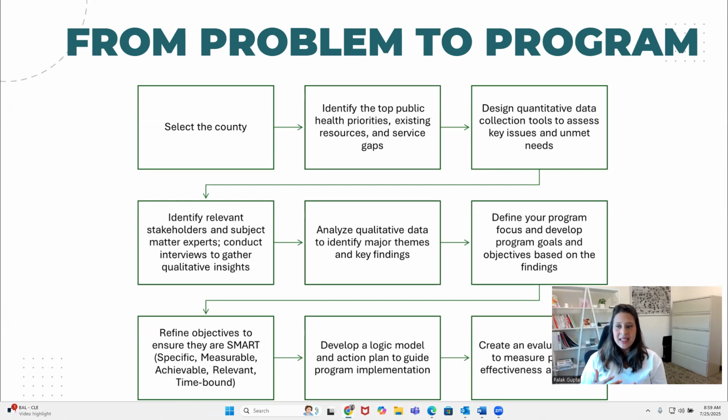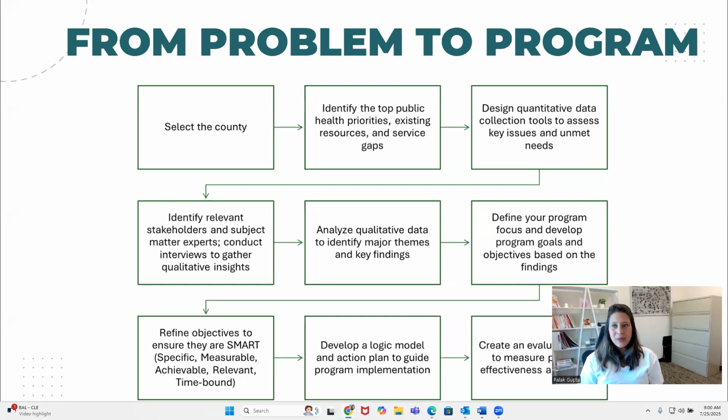And then they analyze that qualitative data to identify the common themes and the key findings. They combine that evidence with the secondary data they already researched, and they define a program which focuses on the identified issues, and they write the goals of the program, the objectives of the program, and define the name of the program.